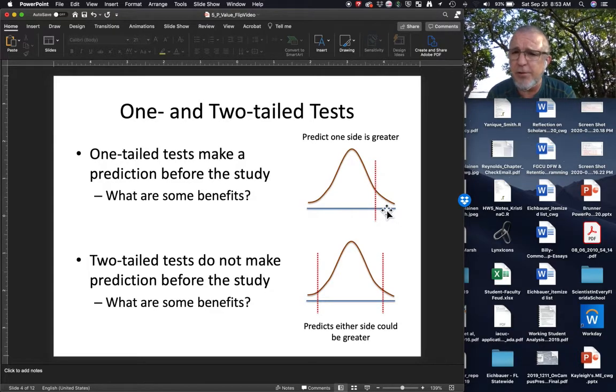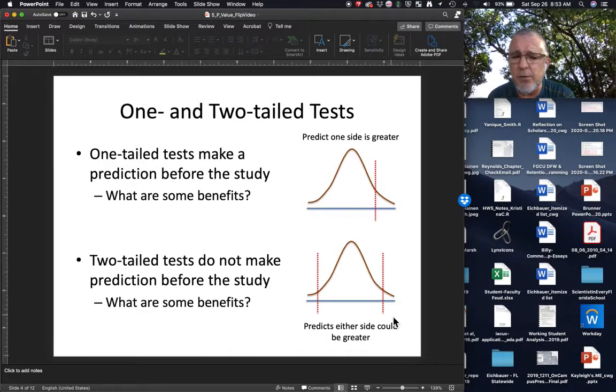By comparison, there's a two-tail. This is where you divide that p-value into two halves of our distribution, where you're not making a prediction because the ultimate answer could be that the larger side is greater or that the smaller side is greater. In this case, we reduce the amount of area that we can use to reject the null hypothesis, but we use both sides of our distribution in evaluating that.